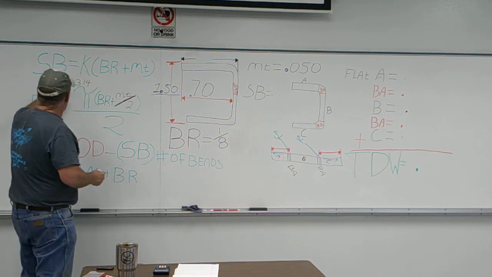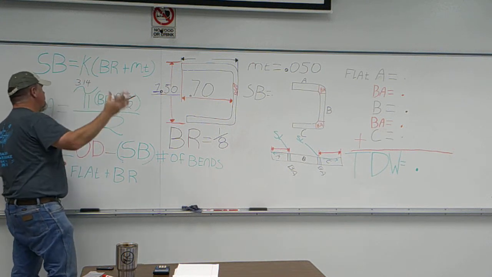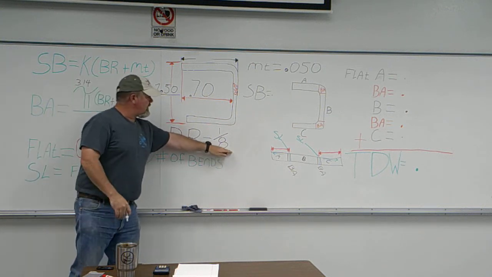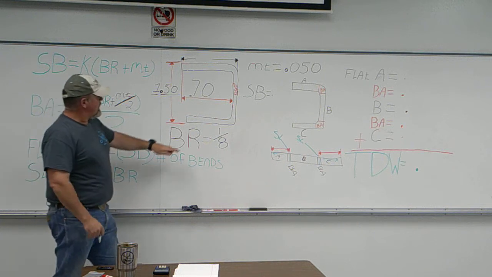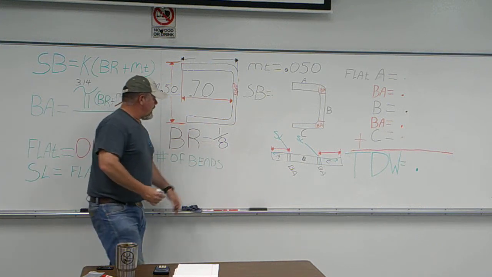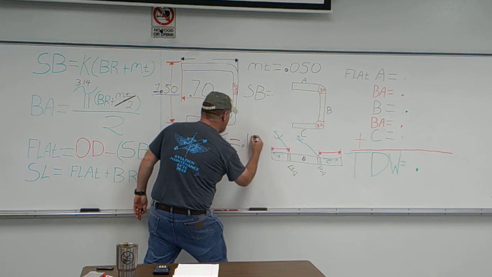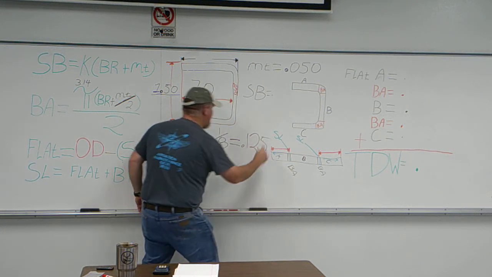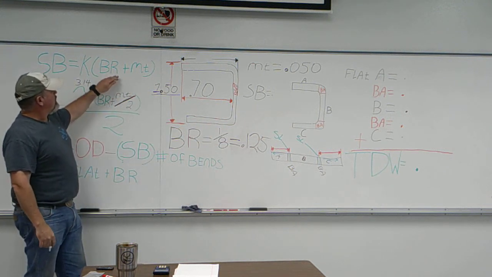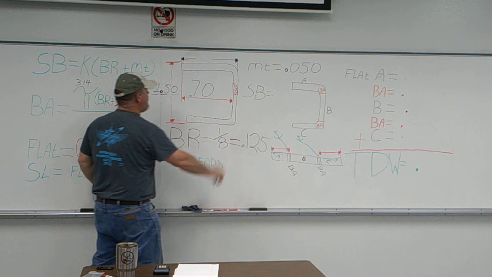Well, let's go right here to setback. Let's go ahead and get it calculated. Setback is K of 1, so this will be the same number that we come up with here. Bend radius of 1/8. Well, 1/8, we're going to need to change this to a decimal, so we take our numerator, divide it by our denominator, and that allows us to come up with 0.125. 0.125 is our bend radius in decimal form. 0.125 plus 0.050.